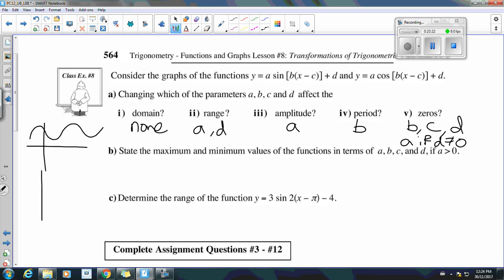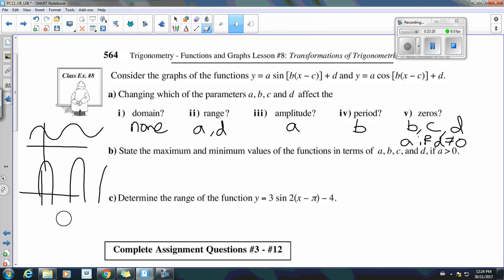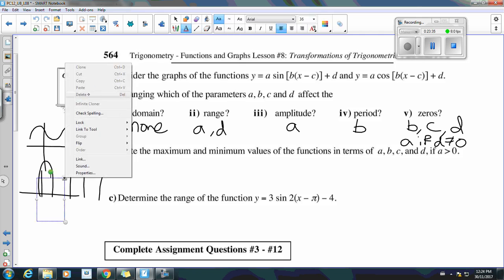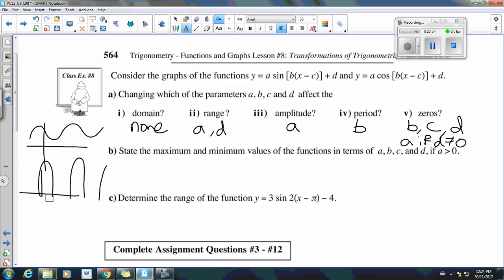So if I have this graph shifted all the way up there, but I have a bigger amplitude, I can actually make these graphs, whoops, what have I done? Right, these graphs can join like this, and they do still change the x-intercepts.